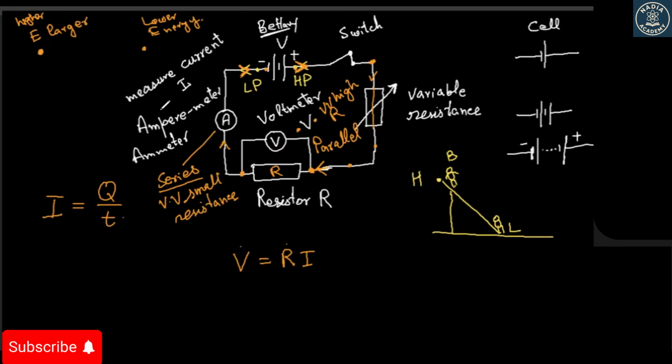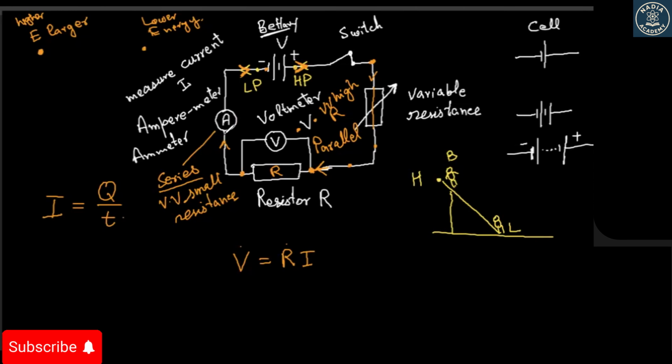When we put these elements, the current goes from the positive terminal toward the negative terminal, and it will continuously flow through this circuit in a loop as long as the switch is closed and the battery is alive. Then we put the voltmeter in parallel across an element across which we want to measure the voltage, or the potential difference, and an ammeter that we put in series.